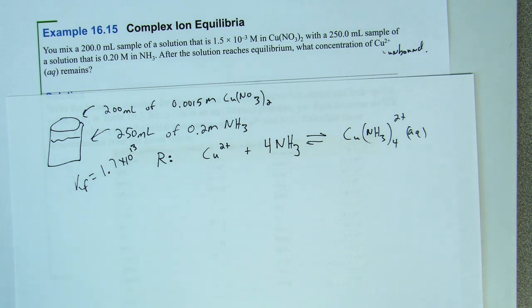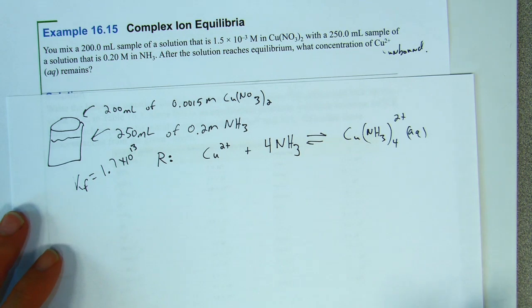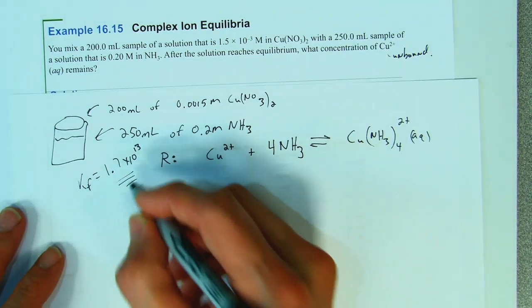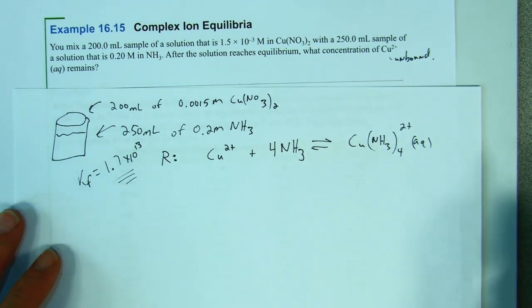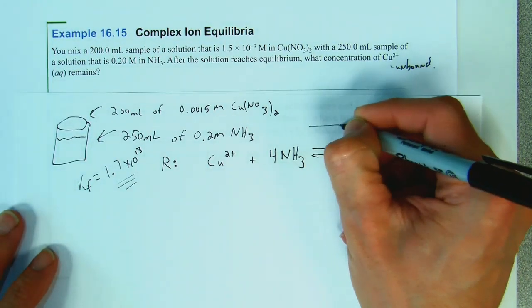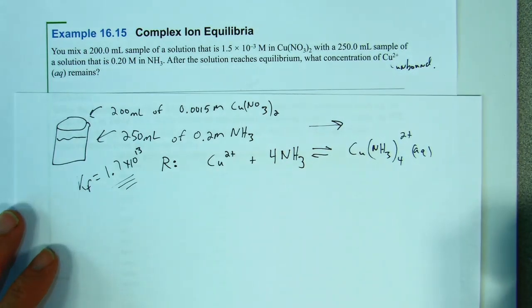So how am I going to handle this to figure out how much of everything I've got? Well, because K is so big, these types of reactions tend to proceed to the right really quite far.